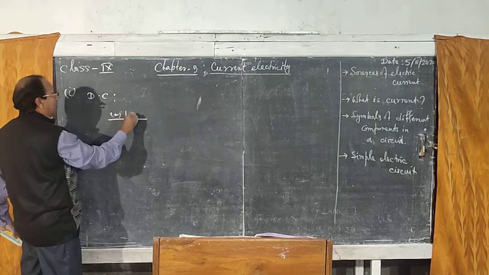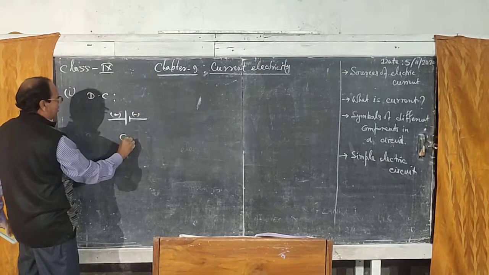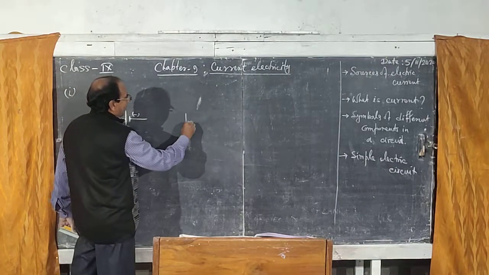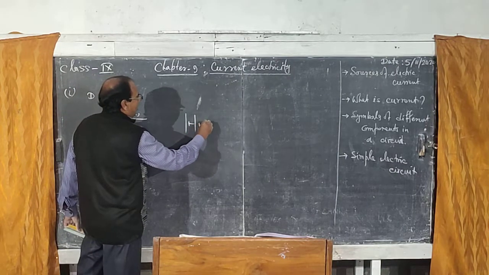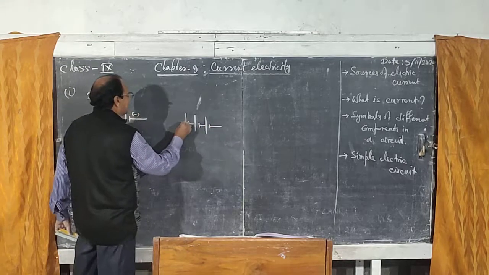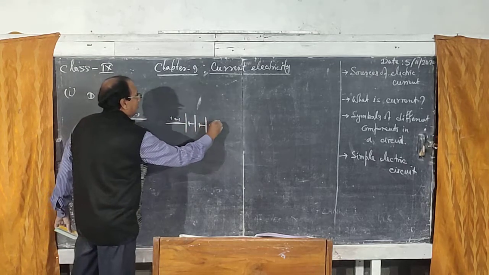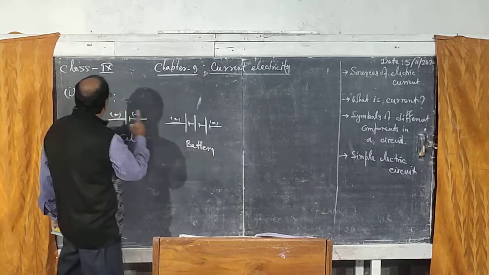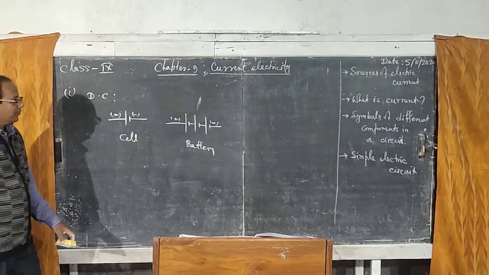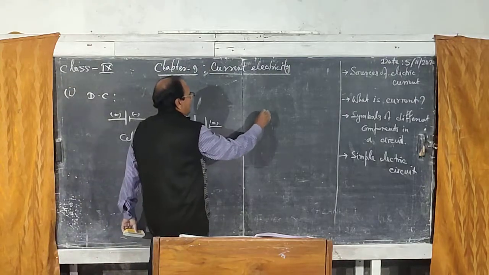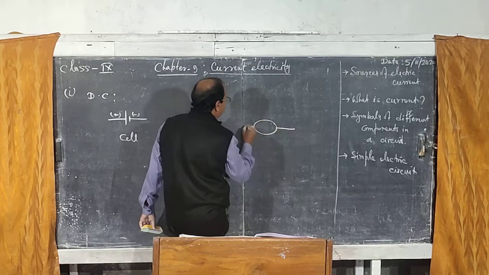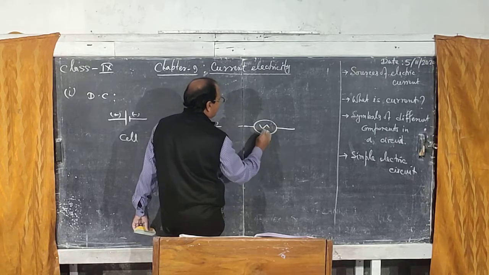One positive terminal and one negative terminal, that is called a cell. When a number of cells are attached in series, that is called a battery. Both of these are sources of DC. And the source of AC is here. Normally this is the symbol of a source of AC.